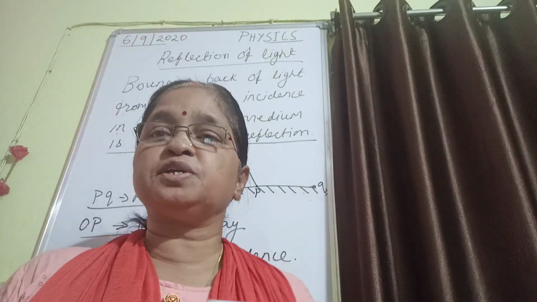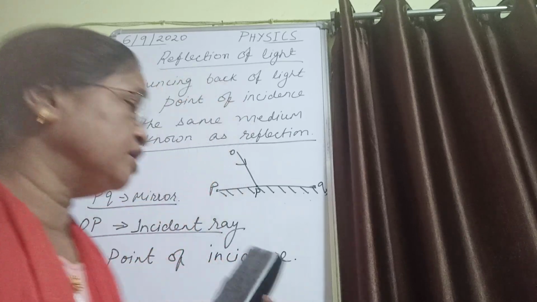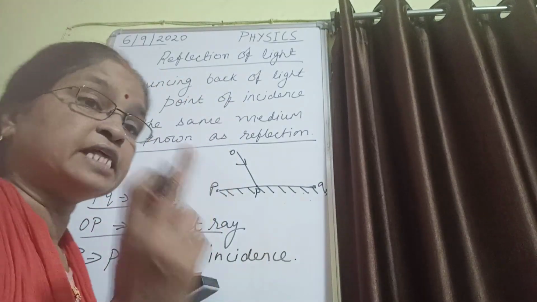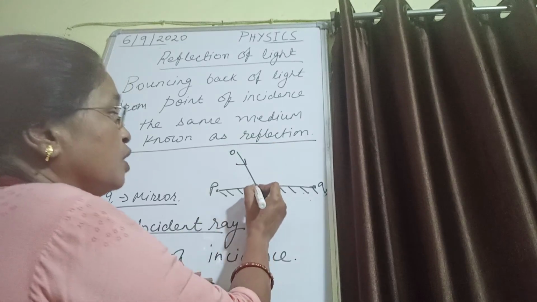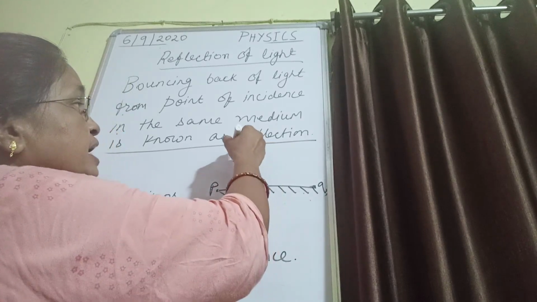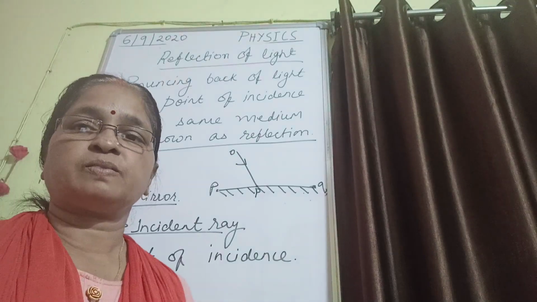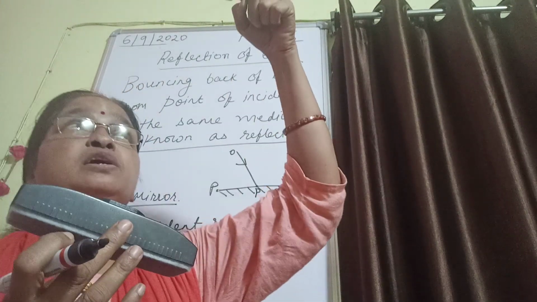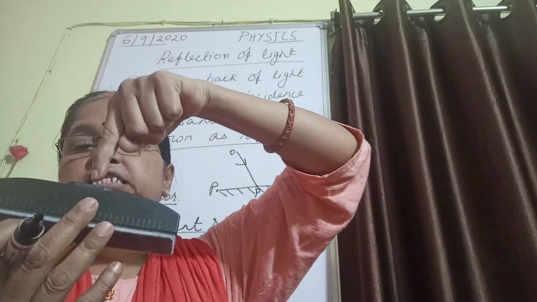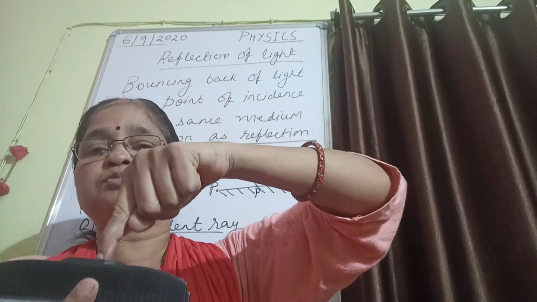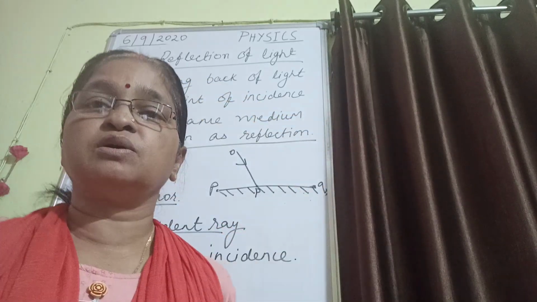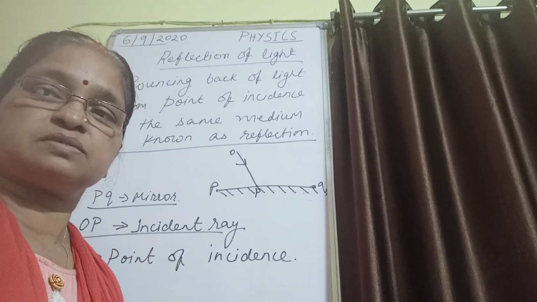So what is the point of incidence? Point of incidence is that point on an object on which the incident ray strikes the object. It means the ray is falling on the object and strikes at this point. So this point will become the point of incidence.